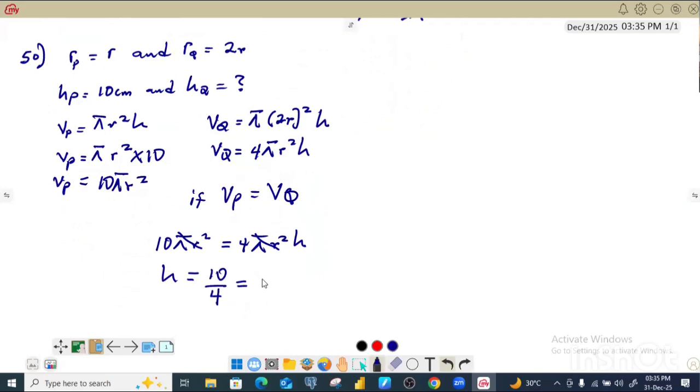That should be 2.5 centimeters. That should be the answer, and I think that is option A. I want to believe we are done with objective with that.